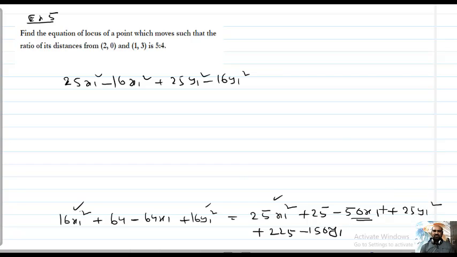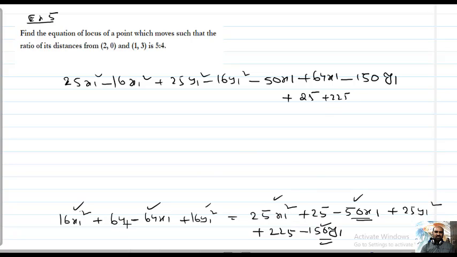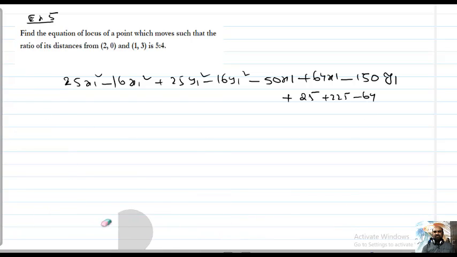Next, minus 50x1 plus 64x1, these two are completed. The y1 terms next, only here minus 150y1. So this is complete. Now constant terms I will write all here: 25 plus 225 minus 64. Okay. Now I want to simplify this.